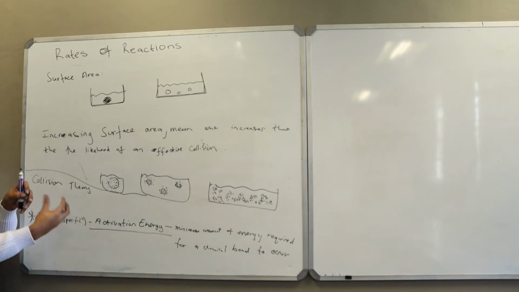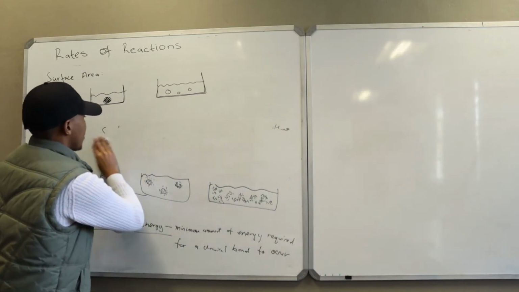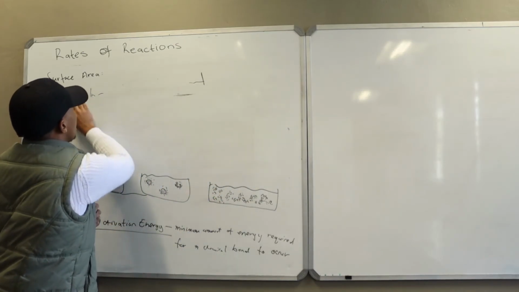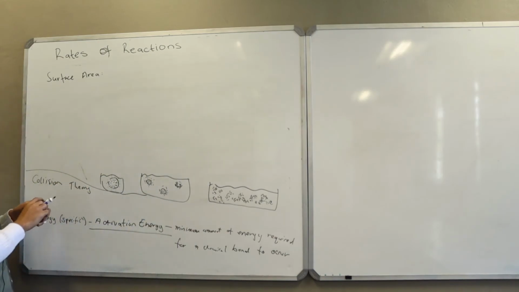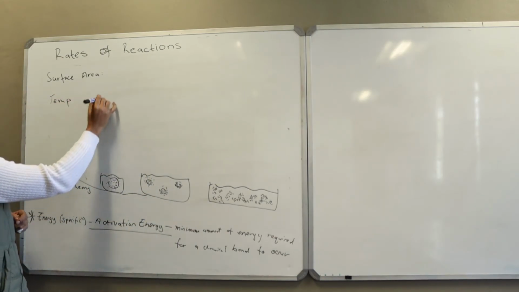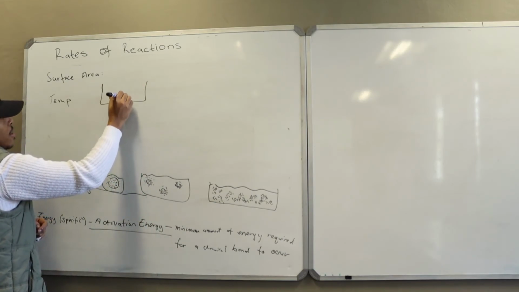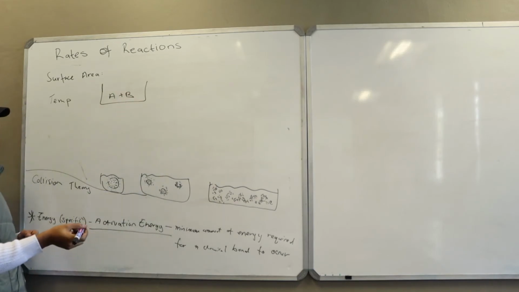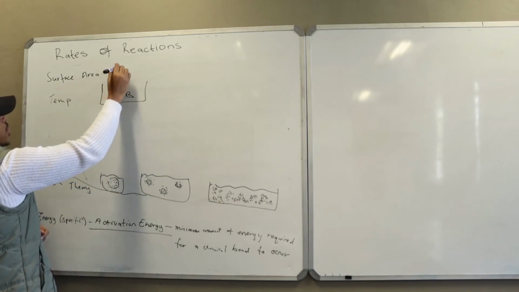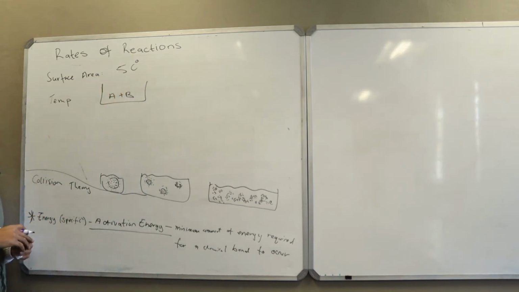And if the reaction is below activation energy, let's say we're talking about temperature. Let's say we have a chemical reaction, A plus B, and this reaction needs to happen at 5 degrees Celsius.